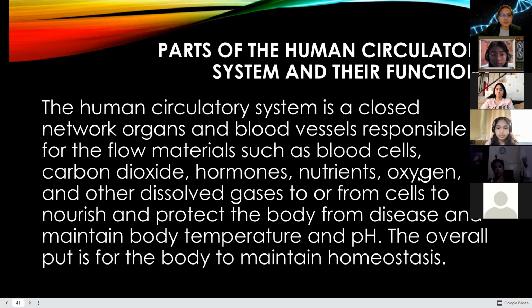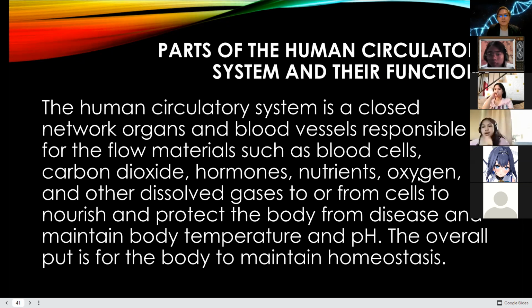The overall goal is for the body to maintain homeostasis. Homeostasis is a state of balance. Balance from where? Balance in and out of the cell, the water in and out of the cell.